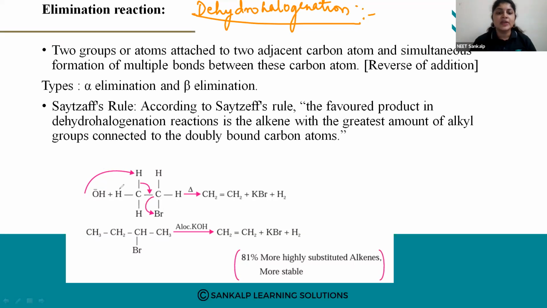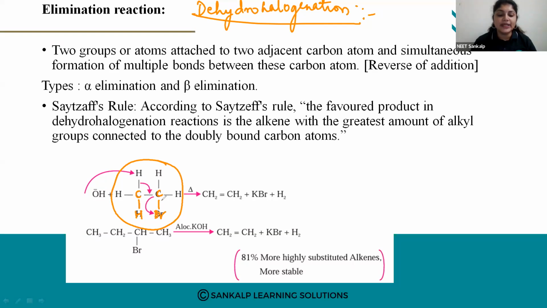Here you can see there are two adjacent carbon atoms. On one adjacent carbon atom there is a hydrogen, and on the other there is a leaving group, Br. This is an alkyl halide. This is called the alpha carbon and this is the beta carbon.